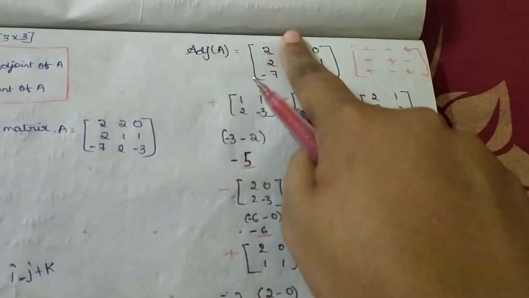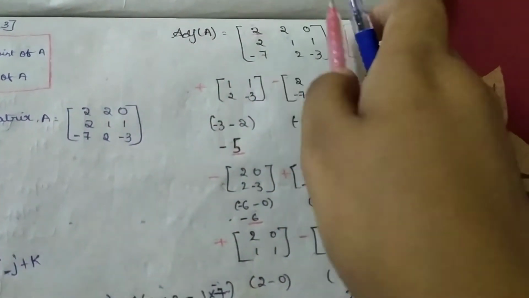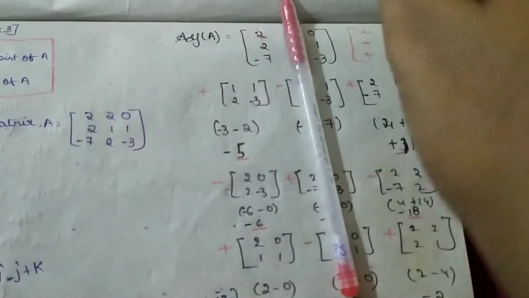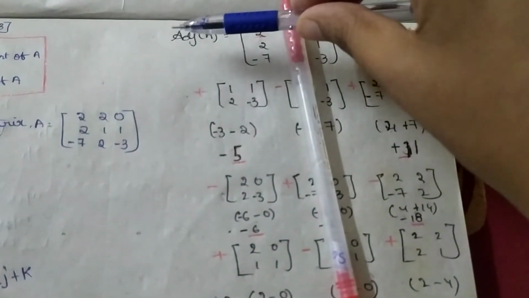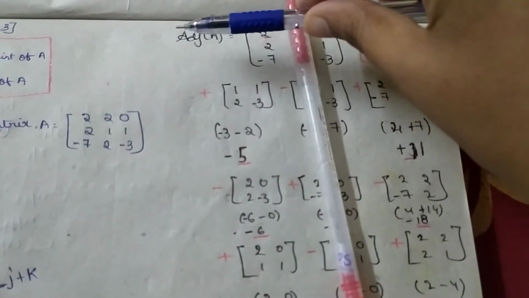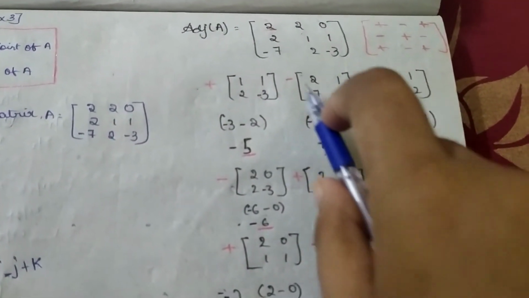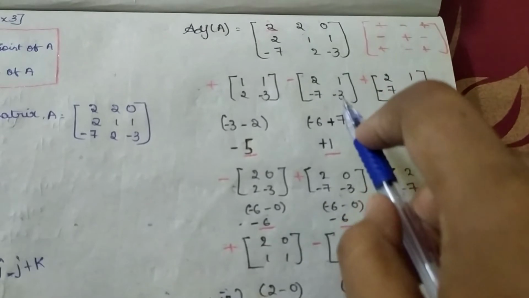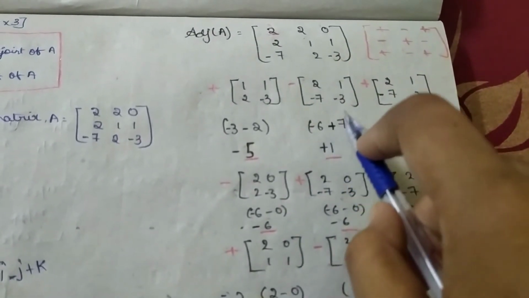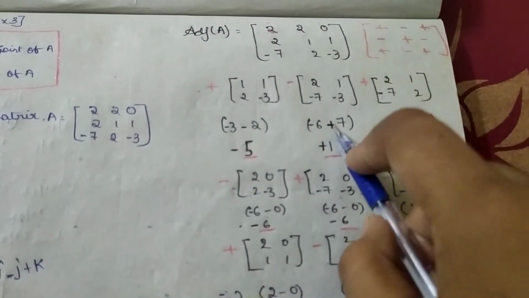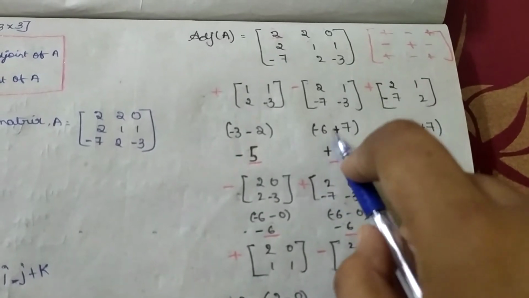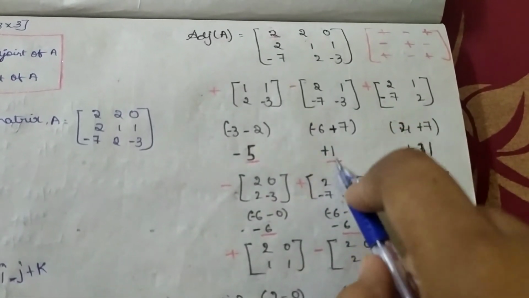So again we are taking the second 2. This column is closed and this row is closed. So what are the values there? 2, 1, minus 7, minus 3. We multiplied. Minus 3 into 2 is minus 6. Minus 7 into 1 is minus 7. So minus 6 plus 7 is plus 1.